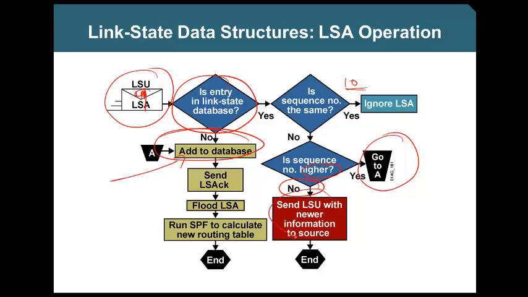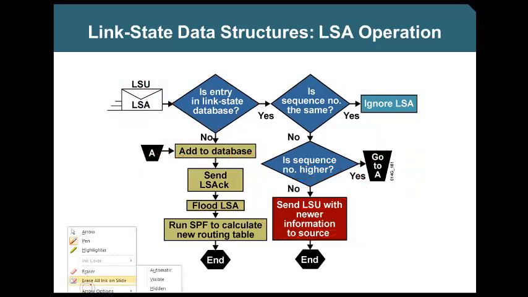See, this router is sending an LSU with newer information to the source. You understood? Now, the source is also getting updated. This is how one router helps the other router to get synchronized with the latest topology. Is it clear?